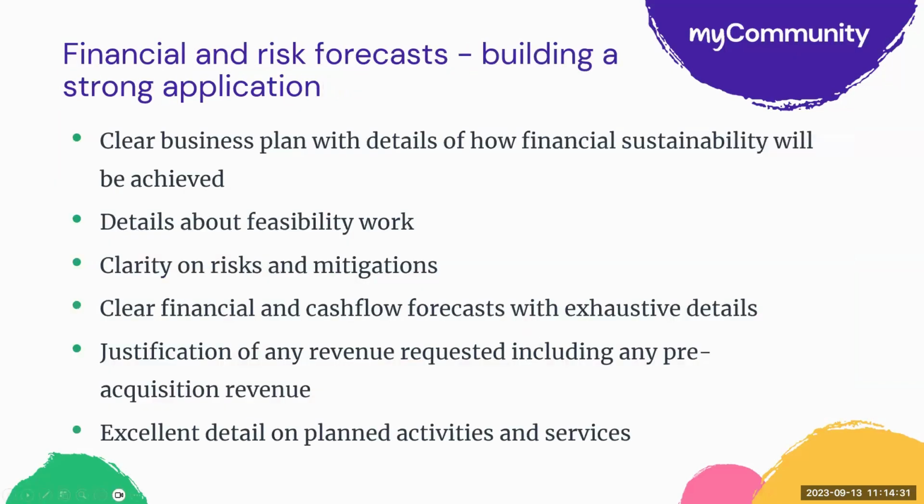In terms of strong financial and risk forecasts, we're looking at a clear business plan with details of how financial sustainability will be achieved. It'll include details of the research and feasibility work that you have done.